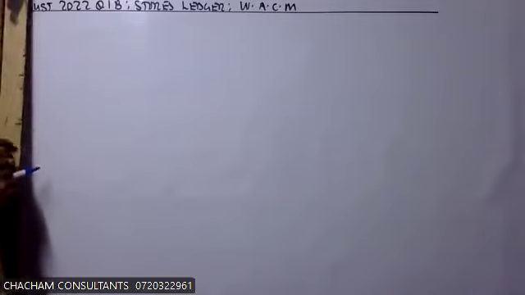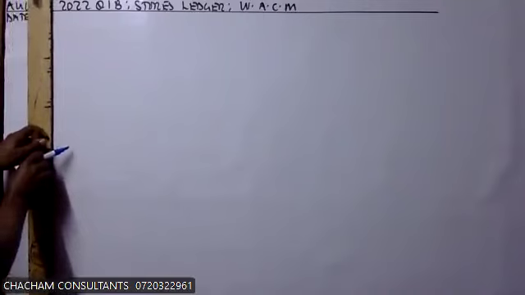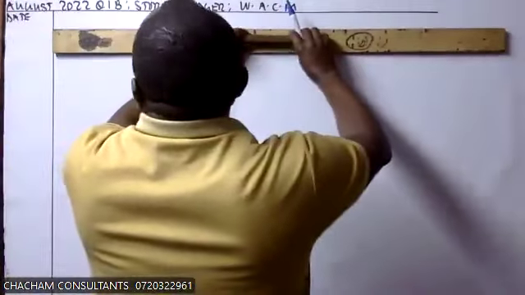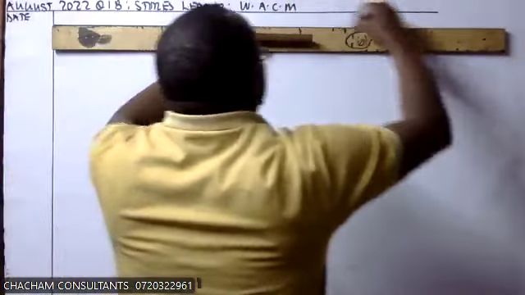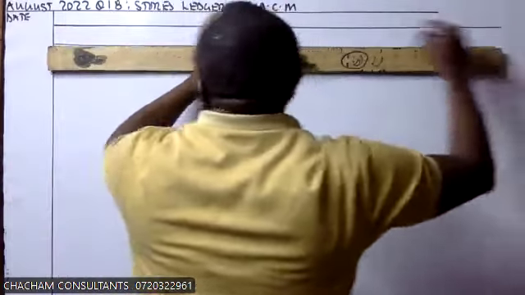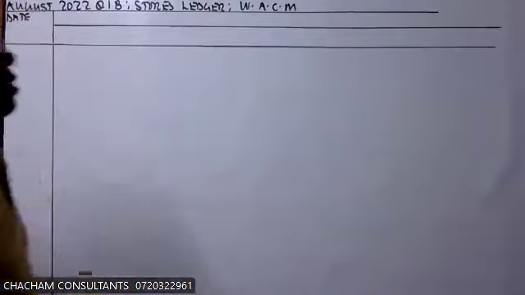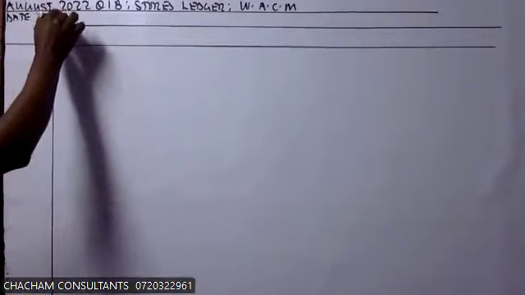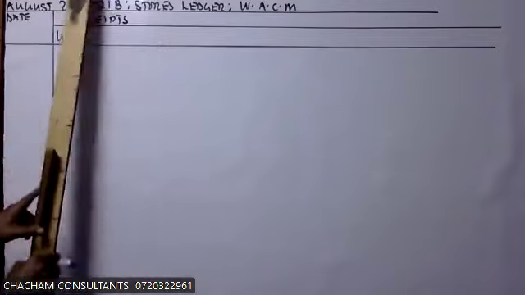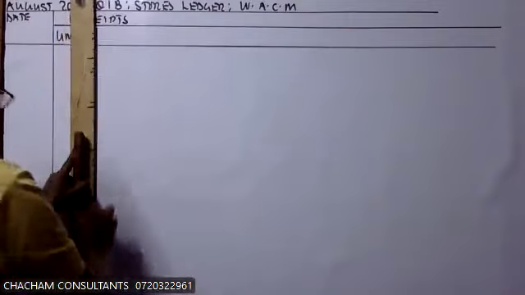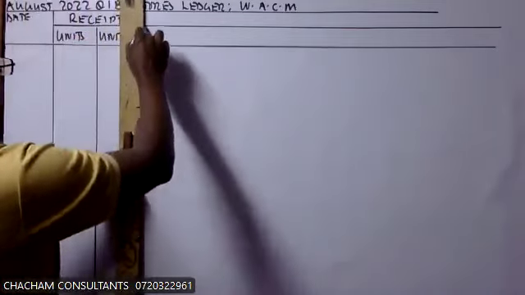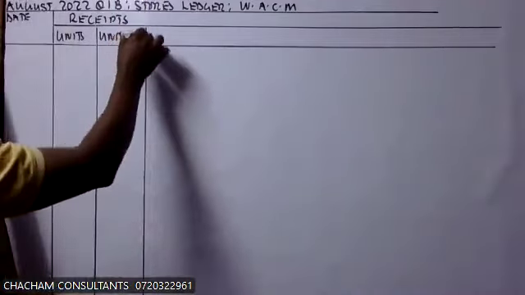So we do have again the date. On the side of receipts, we have units, unit costs, then amount.